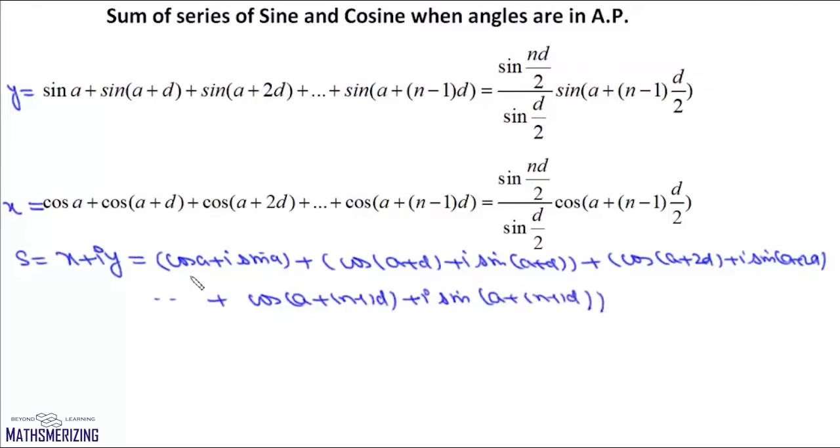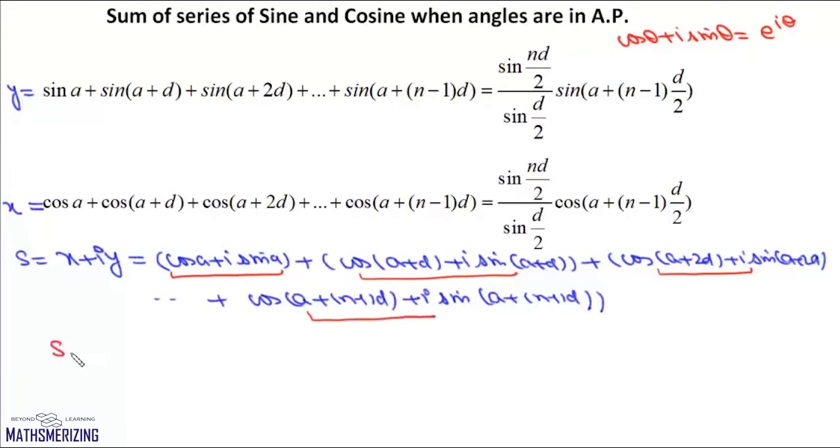Now here we'll use Euler's formula: cos θ + i sin θ is nothing but e^(iθ). So we can write this as e^(iA). We can write the second one as e^(i(A+D)). This is e^(i(A+2D)), and here we'll get e^(i(A+(n−1)D)).